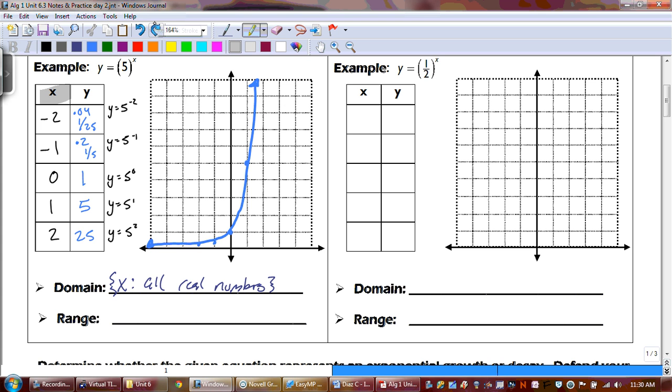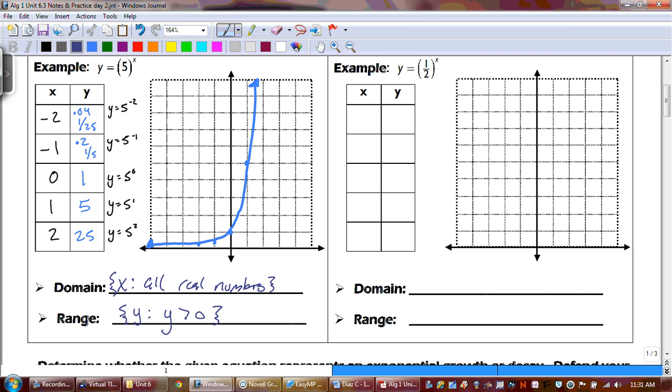It can be anything. But your y is going to be different. Your y can't be 0. It has to be greater than that. So for this, we would say that y is greater than 0.